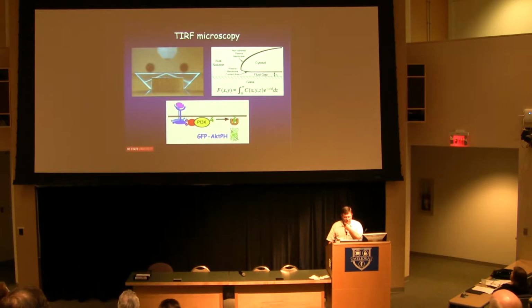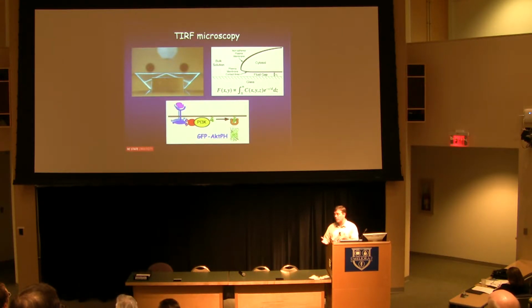The primary experimental technique that I'll be showing you is total internal reflection fluorescence microscopy. And all you really need to know about it is that it selectively images the region of contact between the cell and the substratum. So it's as if we're looking at the footprint of the crawling cell.